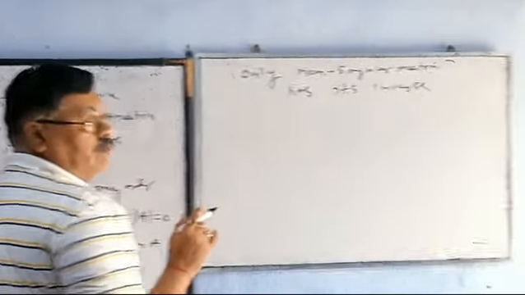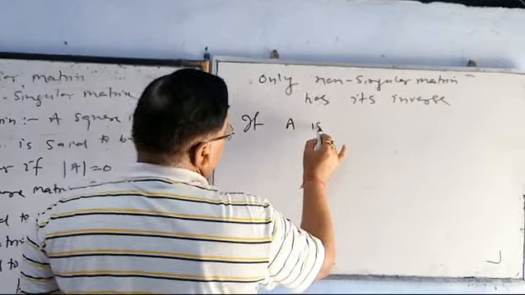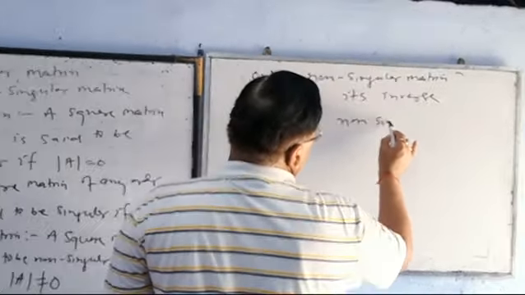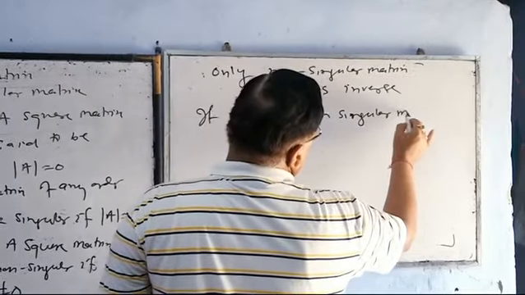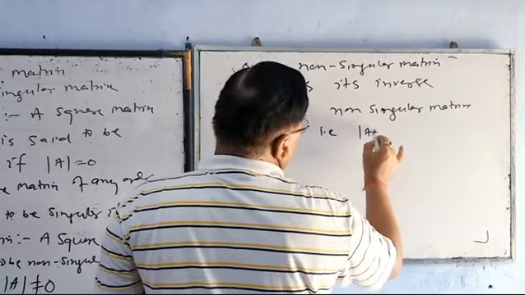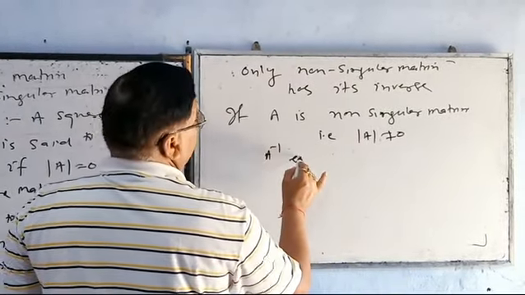A singular matrix has no inverse. If A is a non-singular matrix, that is, its determinant is not equal to 0, then A inverse exists.